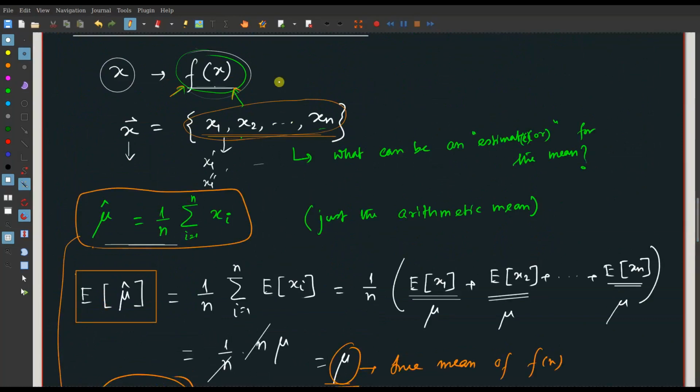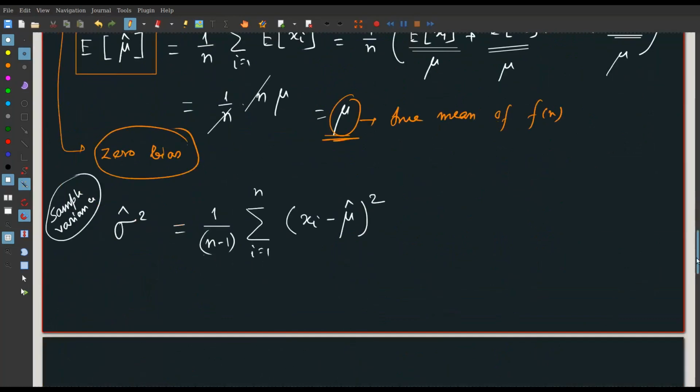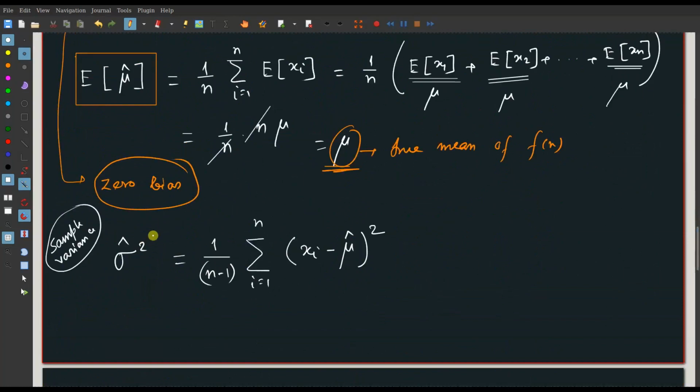So remember, when you construct an estimator, on the right hand side you can only have the known quantities. The known quantities are those values of x's, so this x1, x2, x3, that you have measured. And that is how you constructed a variance that you call a sample variance.